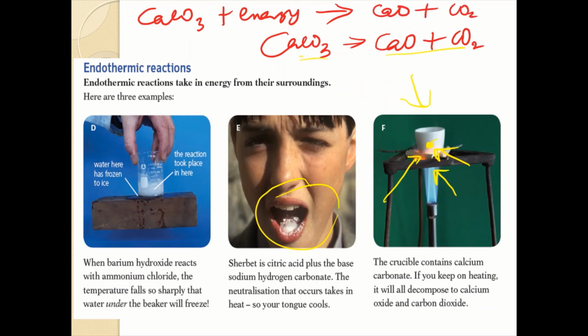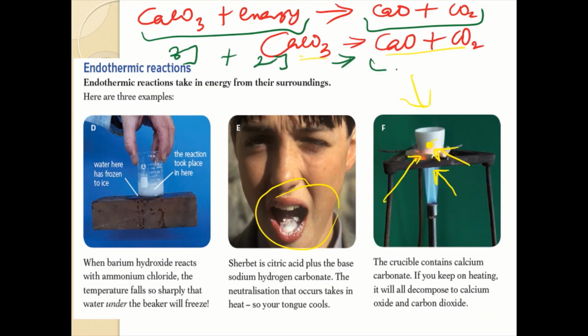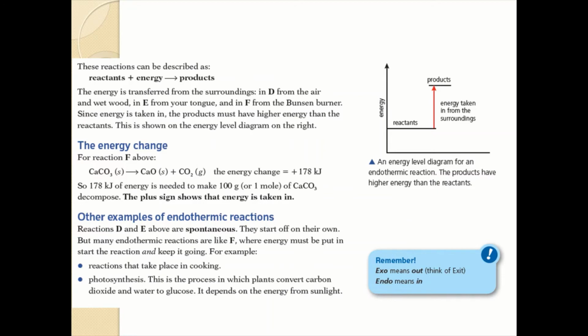Carbon dioxide. We have said earlier that the total energy of the reactants will be equal to the total energy of the product. So if I have 8 joule of energy in my calcium carbonate plus 2 joule of energy added to it, then I would expect to have altogether here 10 joule of what? Of energy. So basically, for an endothermic reaction, the energy profile is represented like this.